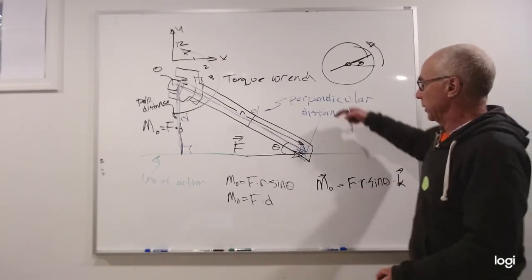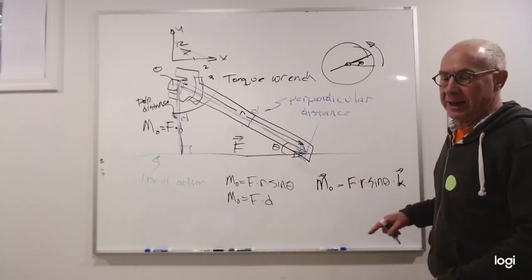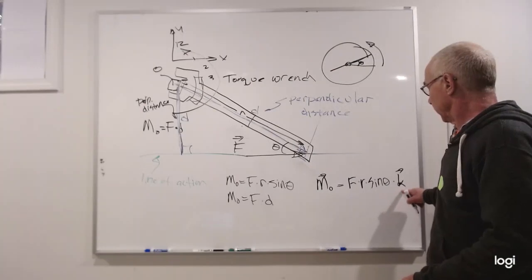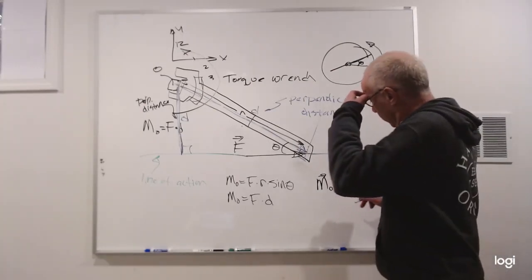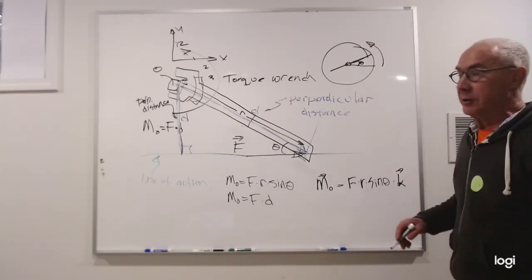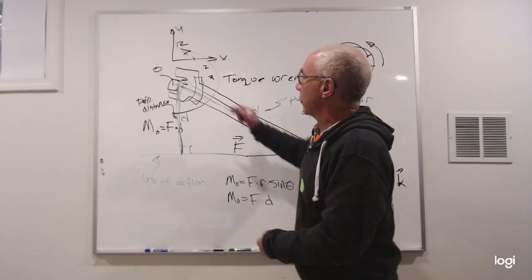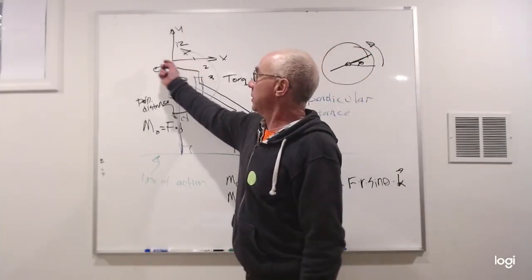If this had been going in the other direction, then the value of k would be negative. In other words, I would write it as negative F R sine theta times k. And in that case, it would be going into the board, because x, y, and z in this case comes out of the board.